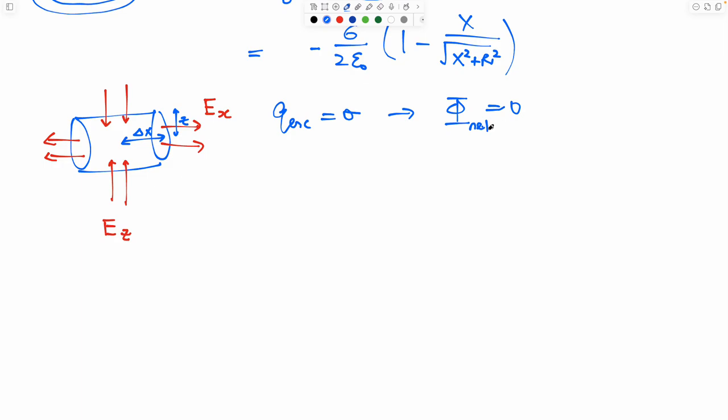To determine what the field E of X is, I can simply take 2 times 2 delta X dE/dx.